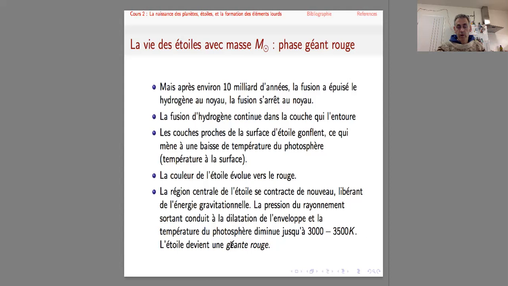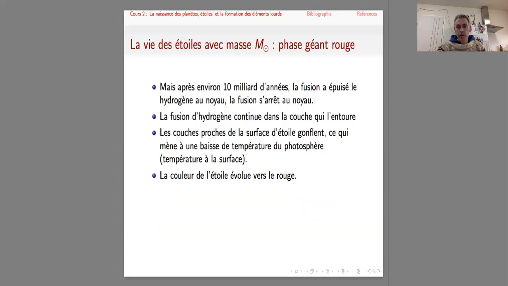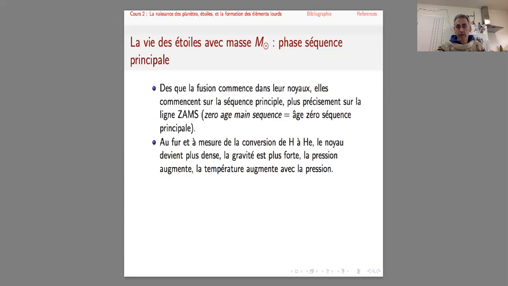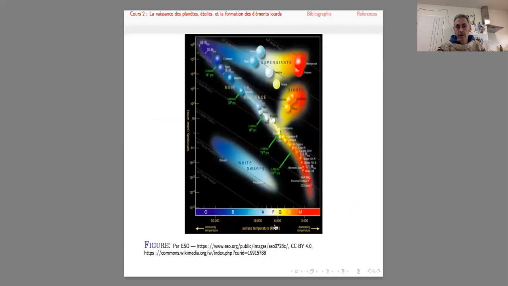This is what we call a red giant. So let me go back to that. We're talking about this process of the sun evolving, 5 billion years from now, up into a red giant with surface temperature between 3 and 4,000 degrees.